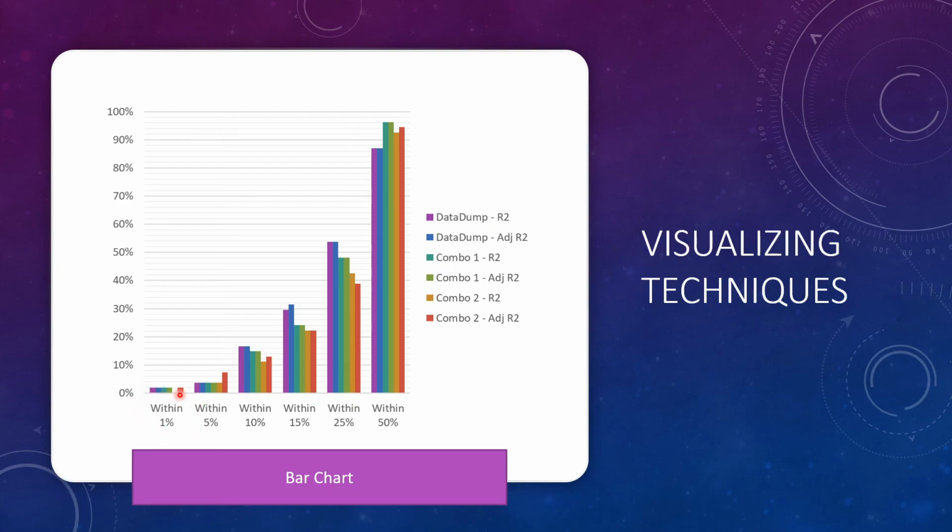About 2% of the results are accurate to 1%, and around 16% of the results are within 10% accuracy, and so on and so forth. Nearly all the results are within 50% accuracy. These are different combinations I did, but essentially a bar chart would give you a good comparison.